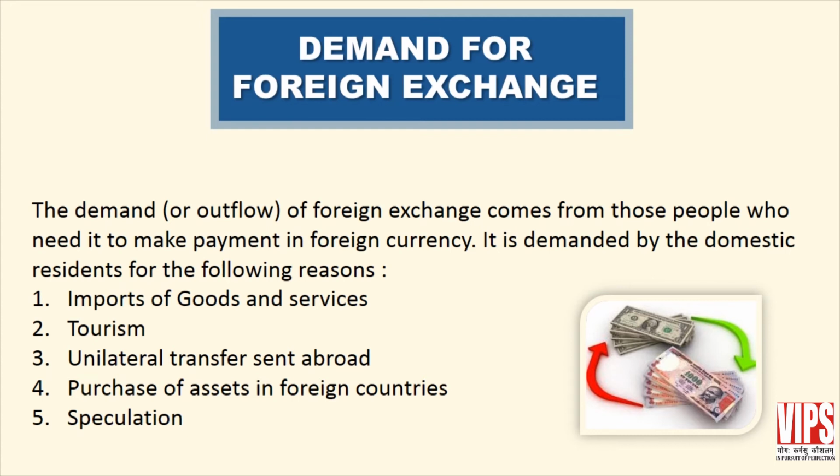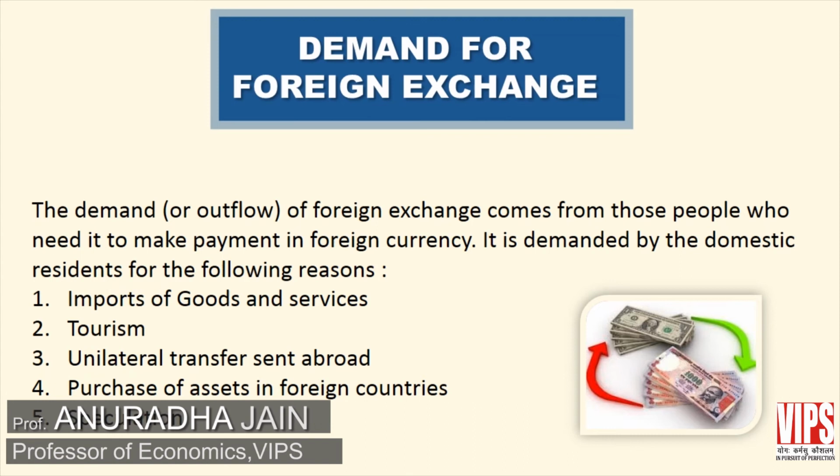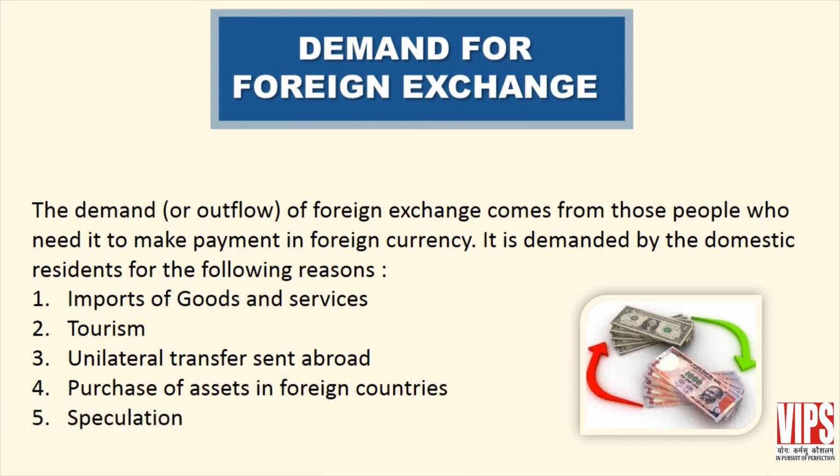So, it is a composite of demand for different types of commodities, a variety of services and a wide range of securities. The other kind of demand comes from the speculators, foreign exchange dealers and the monetary authorities willing to build up their foreign exchange reserves for future payments.